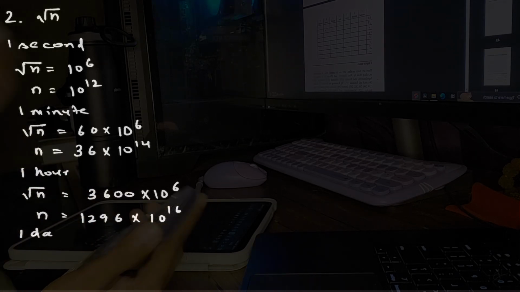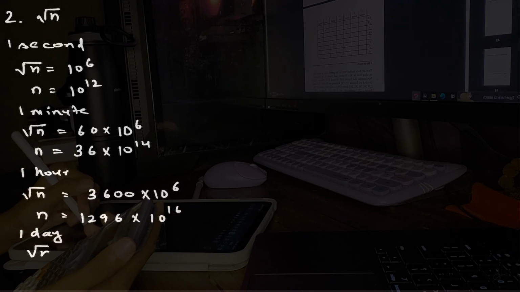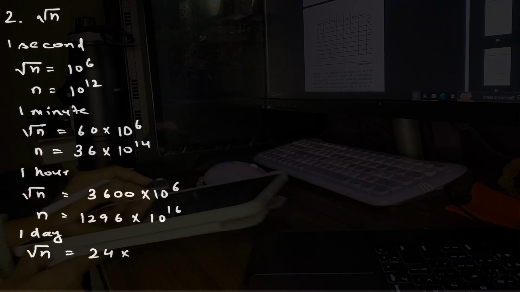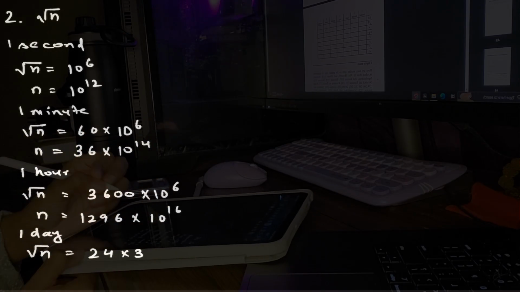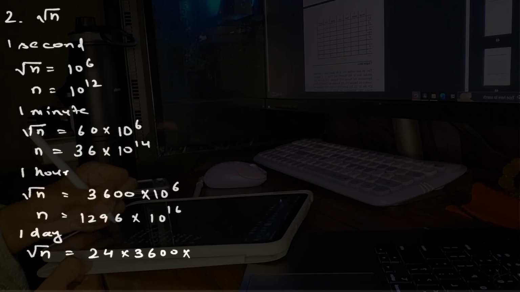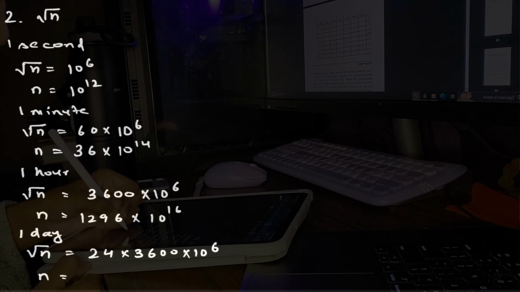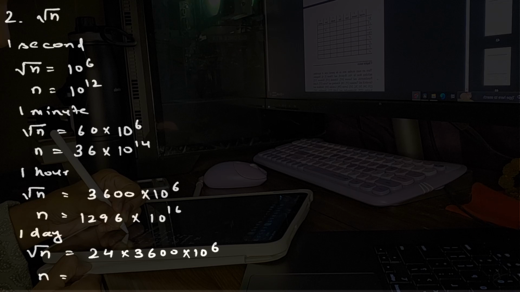Okay, now 1 hour done, then a day. A day has 24 hours. And 3600 to the power of 6, and it would be, let me just do this, 24 into 3600 into 10 to the power of 6.